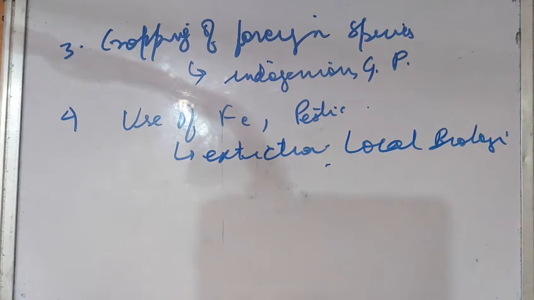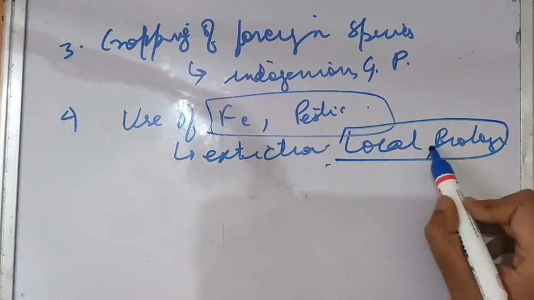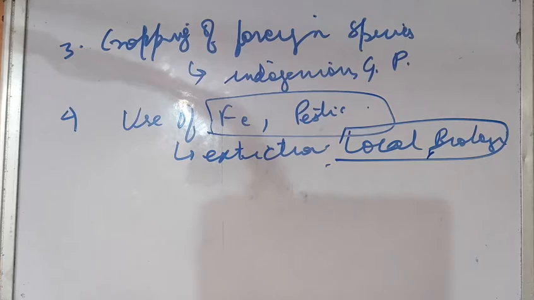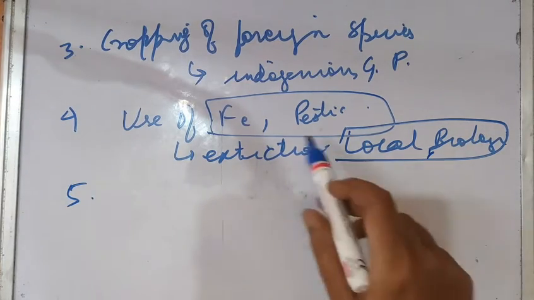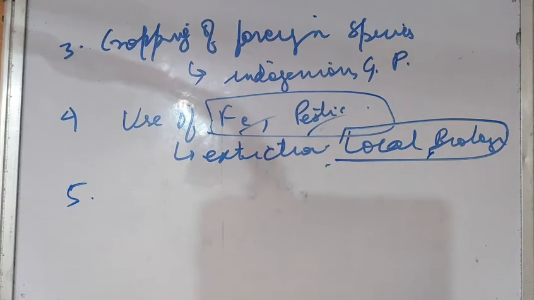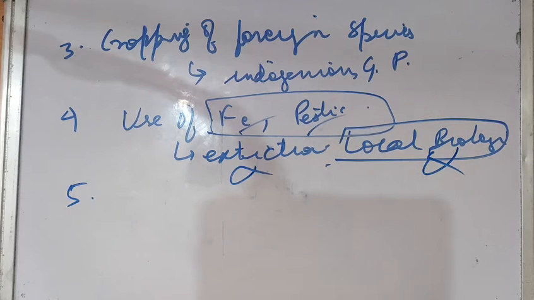Before the invention of fertilizers and pesticides, we were also doing agriculture, but we were using local and biological methods for the control of pests and diseases. So that was more sustainable. But with the invention of fertilizers and pesticides, we forgot these things and diversity got lost.